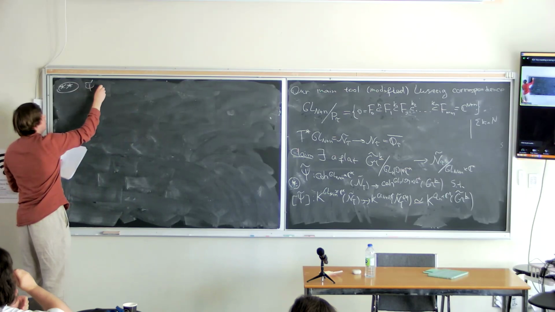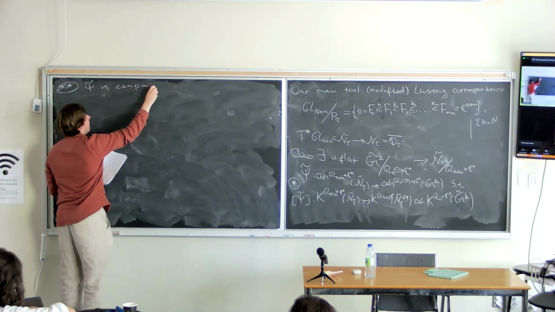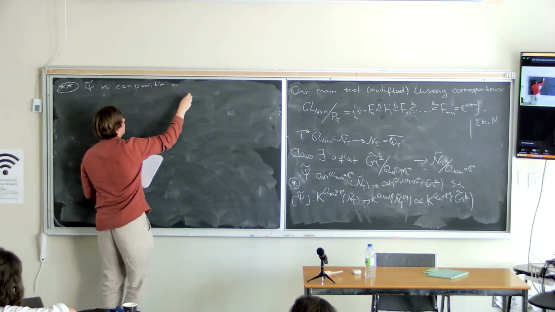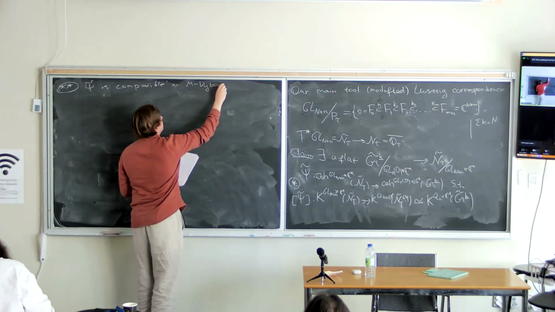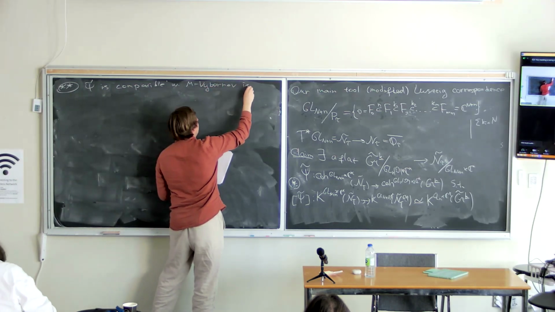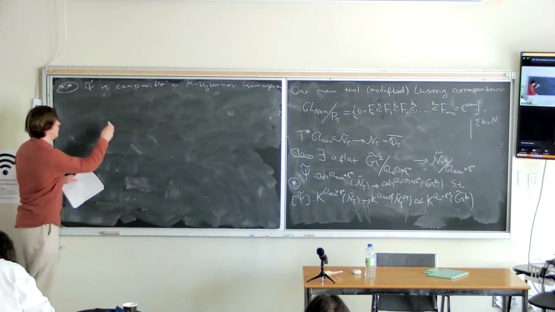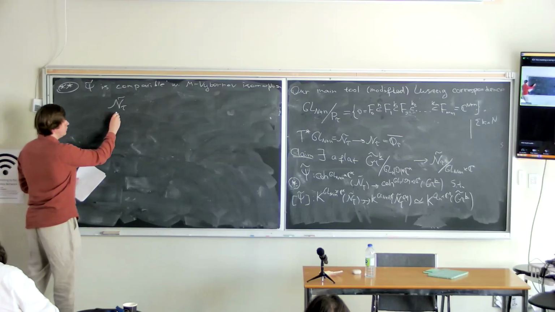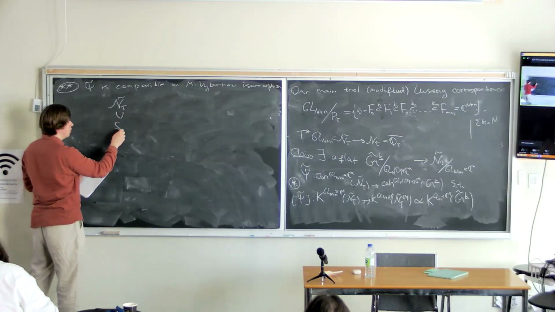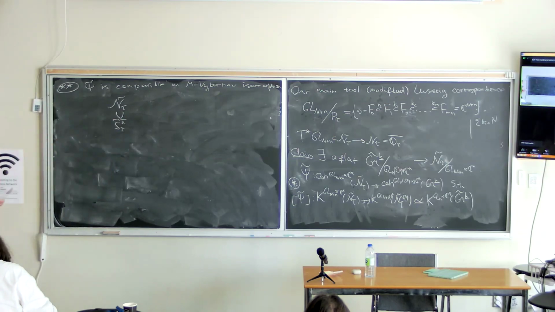So ψ is compatible with the Mirković-Vybornov isomorphism. What it means: we have this guy here, and there is a Slodowy variety.